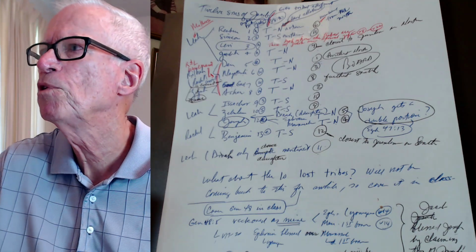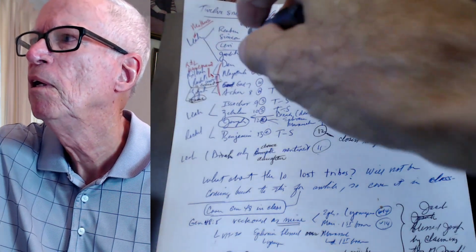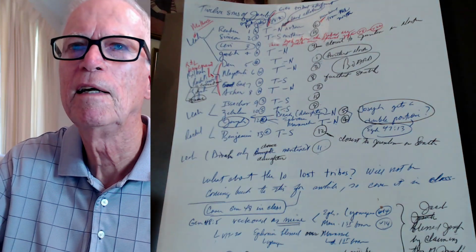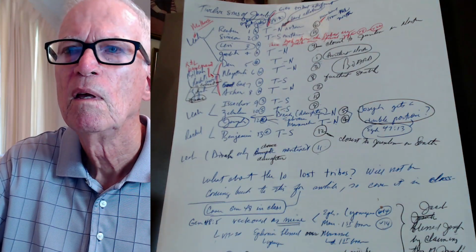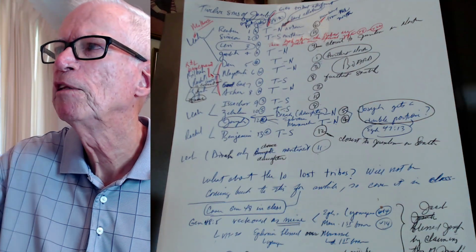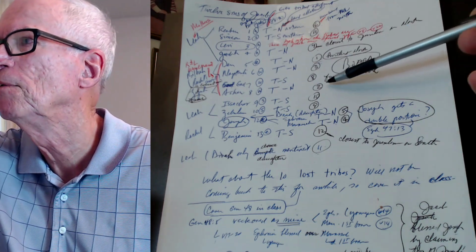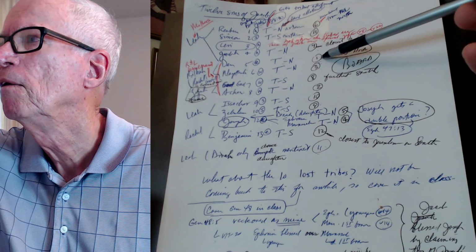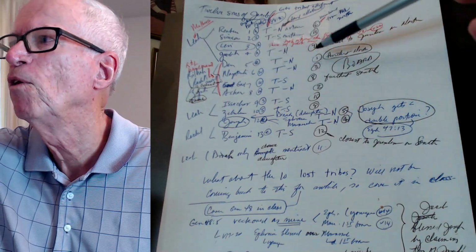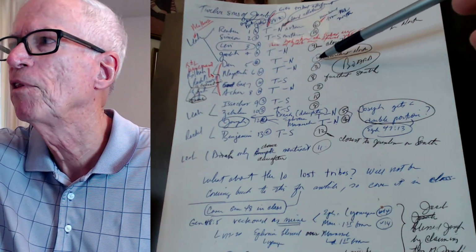Well, the firstborn son here was Reuben, and you would think that maybe Reuben should get the first allocation of land, but he didn't. Dan got the first allocation of land. So the order of birth and the order of allocation of land are two different things.